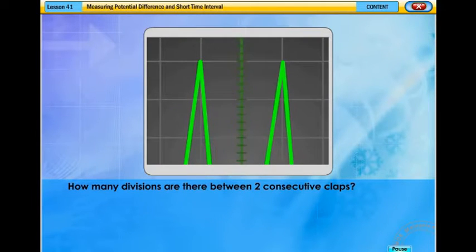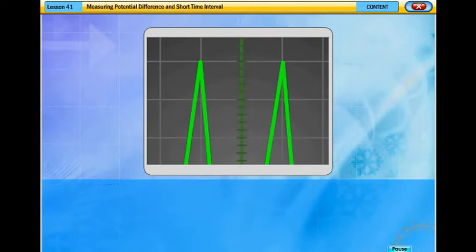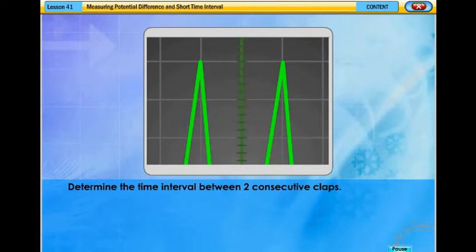How many divisions are there between 2 consecutive claps? The distance between 2 consecutive claps is 2 divisions. Determine the time interval between 2 consecutive claps.